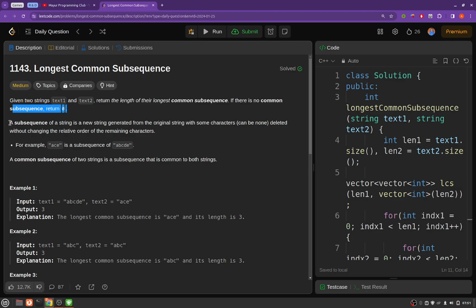So for those of you who do not know what a subsequence is, a subsequence of a string is a new string generated from the original string with some characters, can be 0 also, deleted without changing the relative order of the remaining characters.